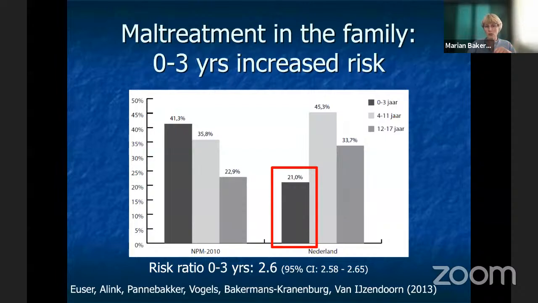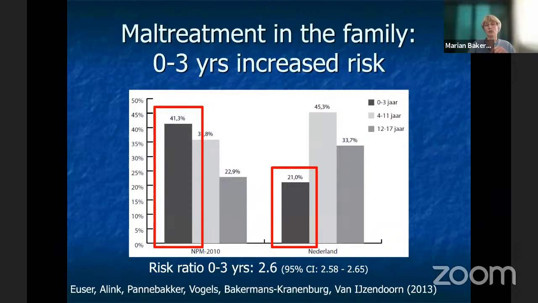But among those for whom maltreatment was reported, 41% is between 0 and 3. So there's a risk ratio of 2.6. Being between 0 and 3 is a risk for being maltreated.